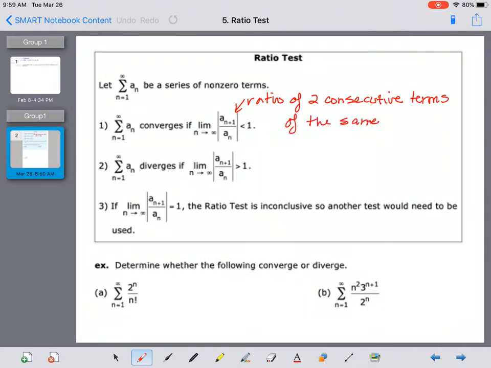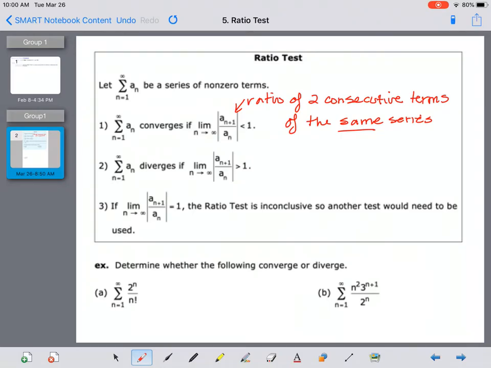This is usually the test that we go to if we have a mixed series, a series that's part geometric and part p-series, or part exponential and part factorial. This is the go-to test for mixed series.